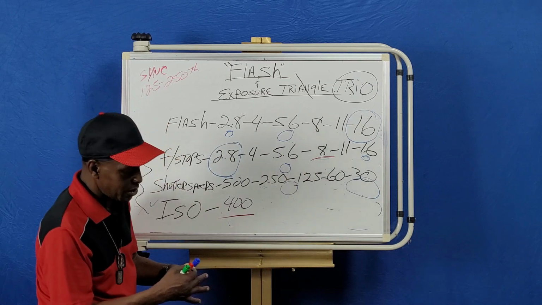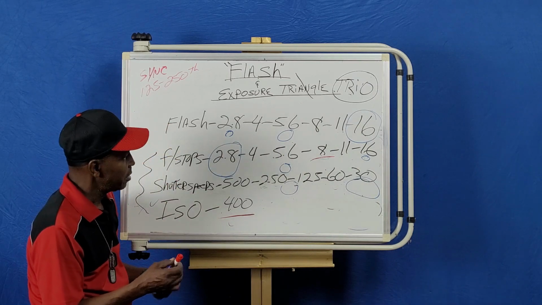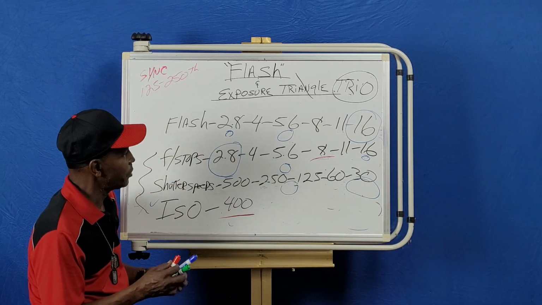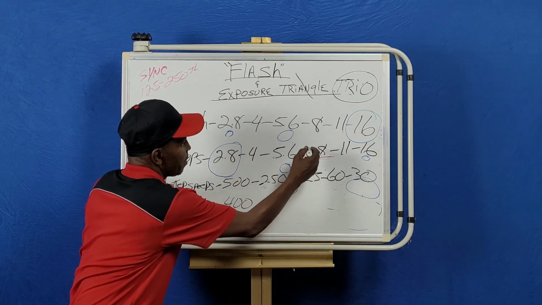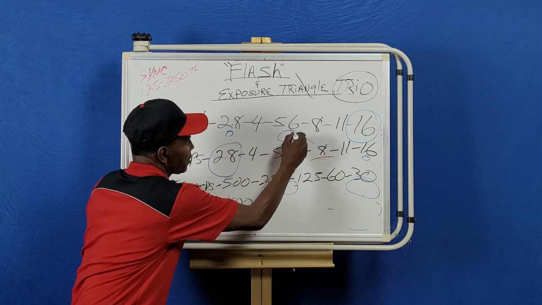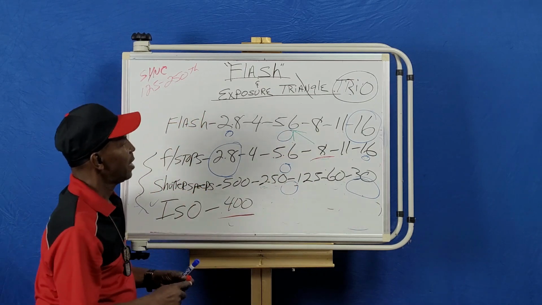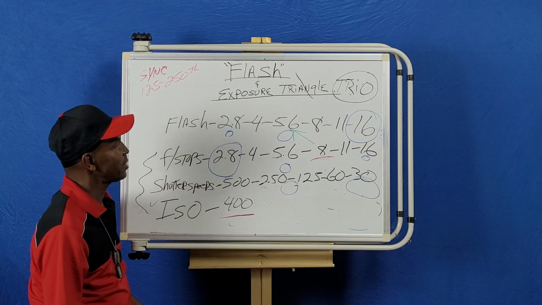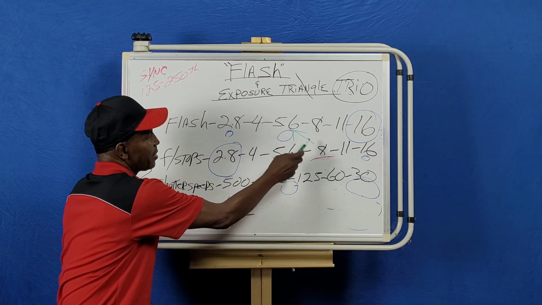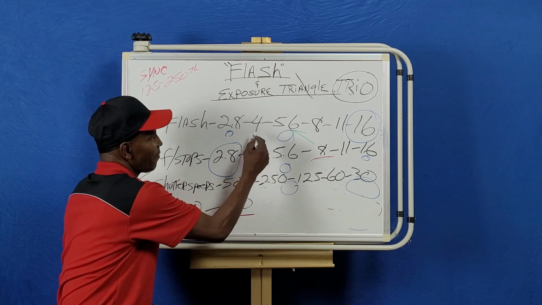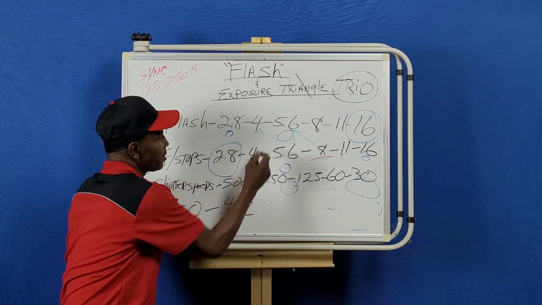But if you wanted one stop less, where would you go? So here, you go to 5.6, and now you would have one stop less light. If you went from f8, and it's still too bright, and you go to f4, that would be 2 times.